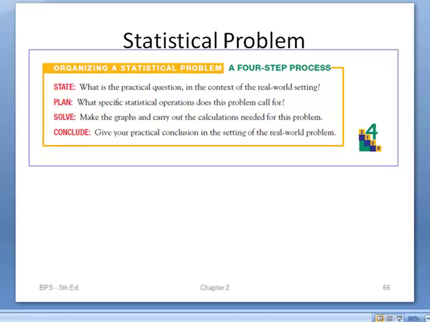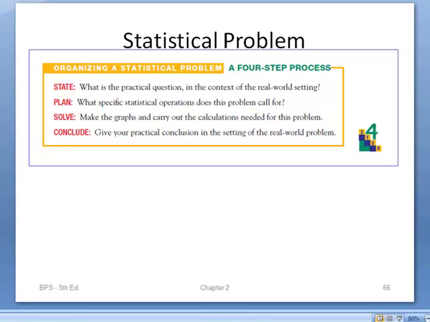Now, the next thing is make the graphs and carry out calculations needed for the problem. You can do stem plots, box plots, histograms. Let's say that we use stem plots. Then we can calculate X bar and S using Minitab and compare. Then it's time to make our conclusion.